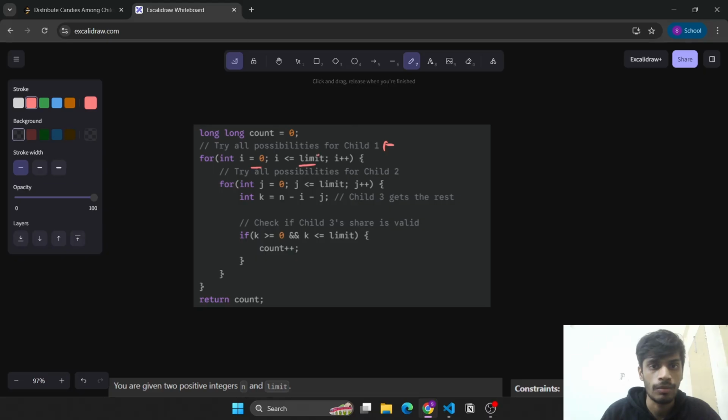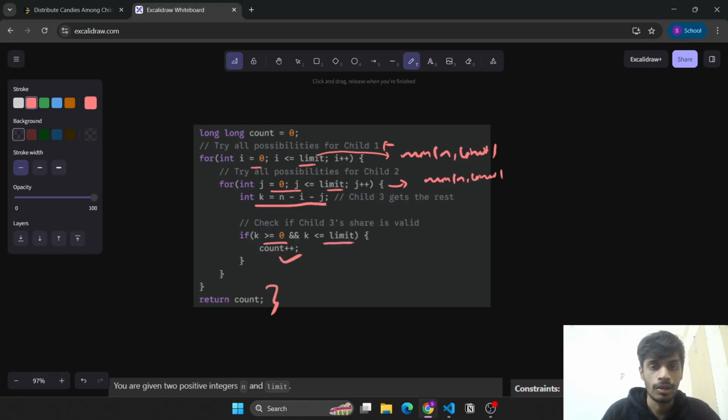We can also modify it to minimum of n comma limit, then modify the second loop as well to minimum of n comma limit, and then we'll find the third child, which is n minus i minus j, which were x and y here, and if the constraints are followed, then we'll increase the count by 1.